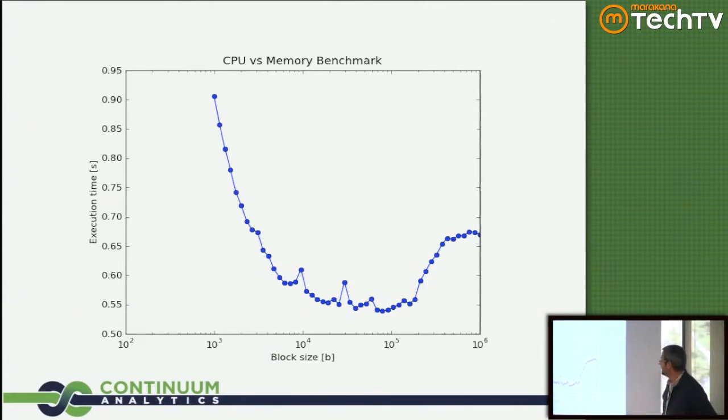Okay? So when the block size fits in cache, everything runs fast. Whenever the block size goes out of the cache, the time to do the computations increases because of memory bandwidth, not because we are doing more computations.